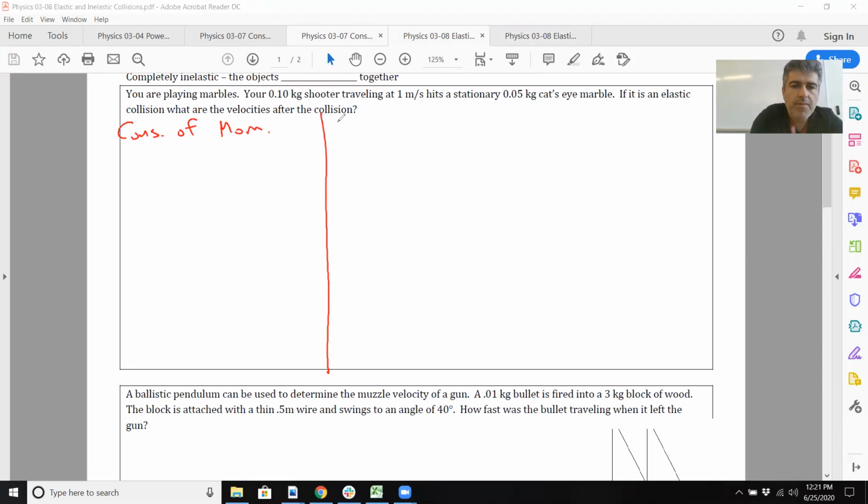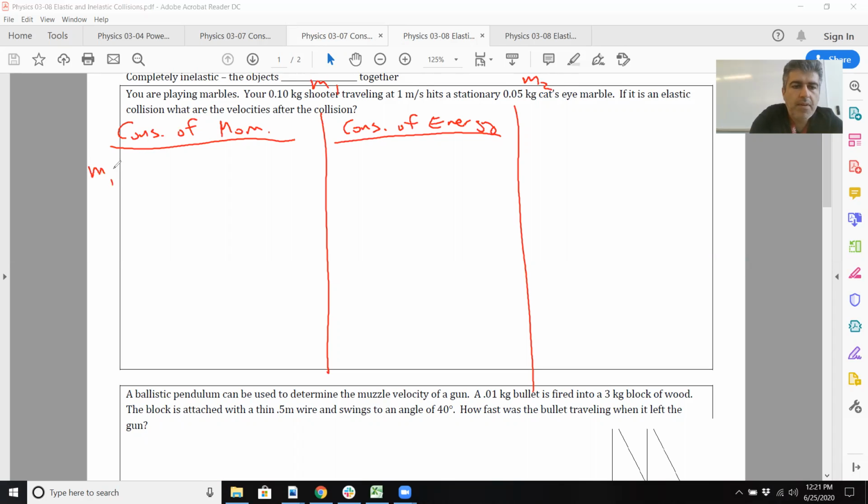Okay, we'll start with conservation of momentum. We'll call the shooter mass 1, and we'll call the cat's eye marble mass 2.